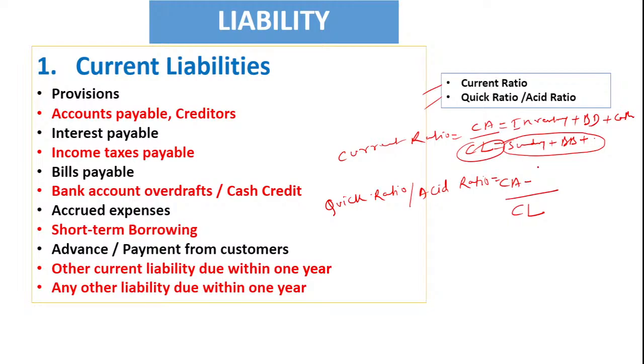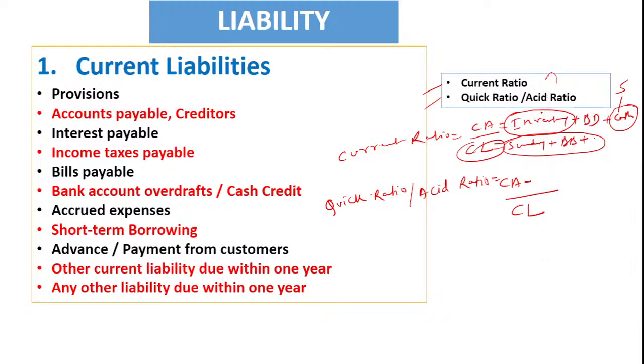In that case, see friends, suppose the company needs 50 lakh rupees, and in the form of cash the company has only 5 lakh rupees. So by the sale of inventory, they cannot get 50 lakh rupees immediately. Why?